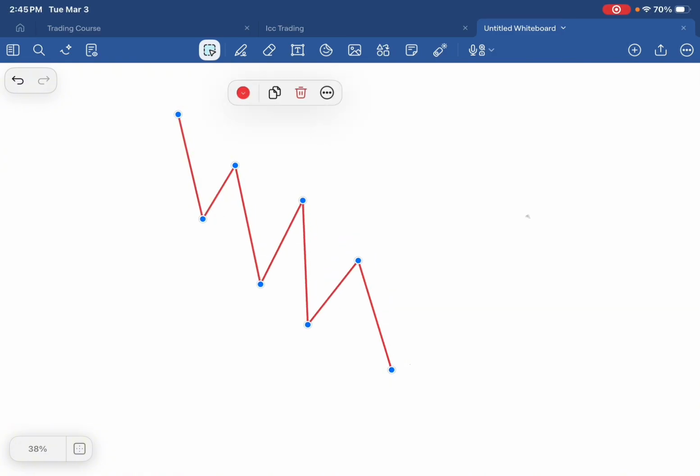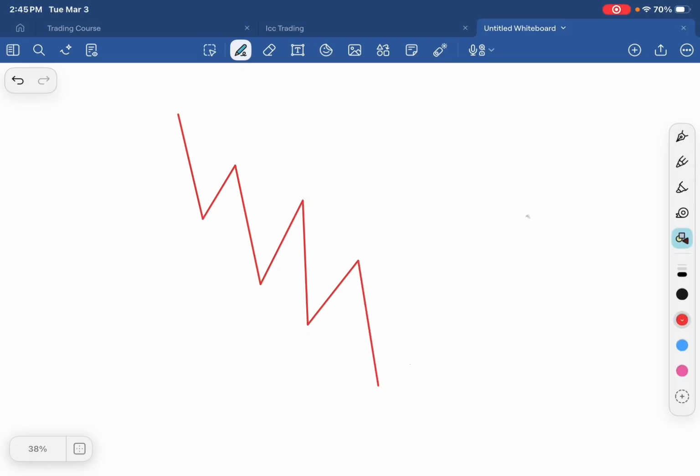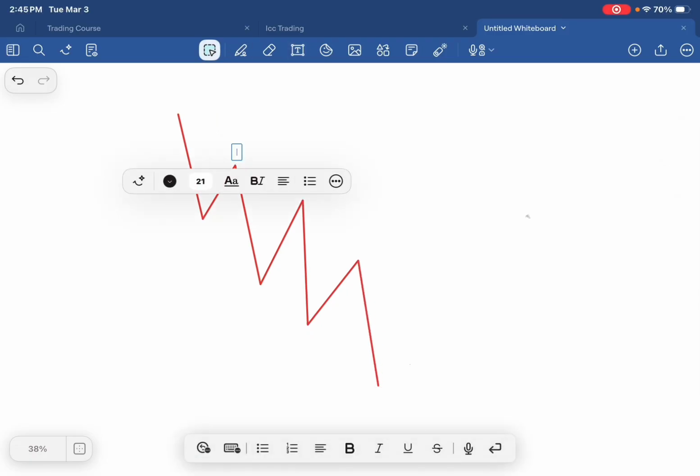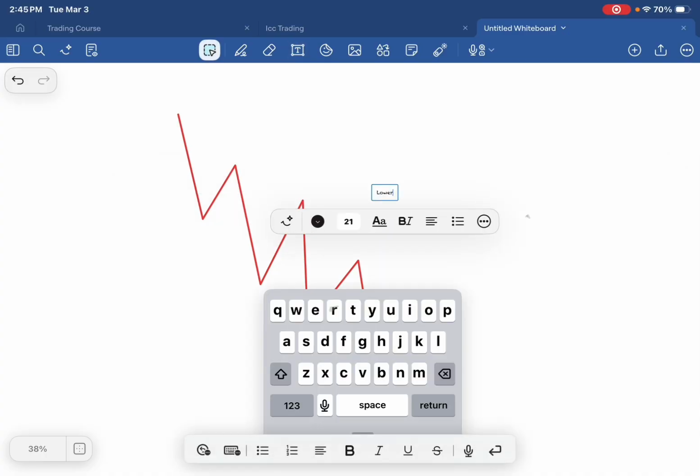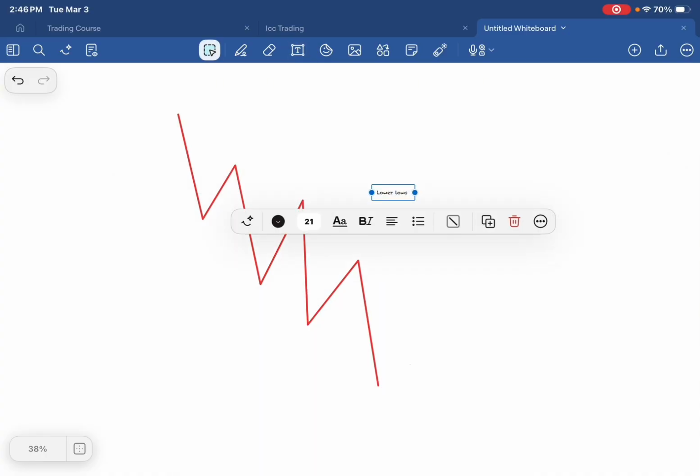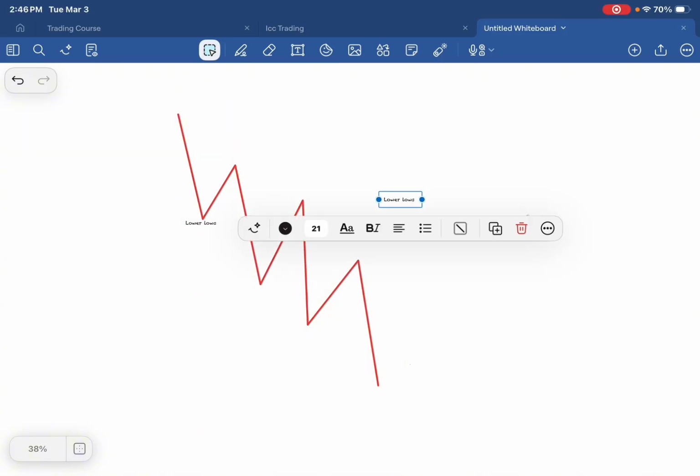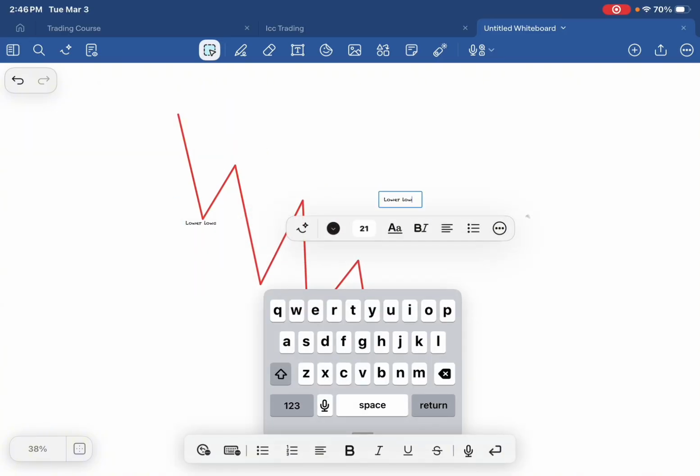First, we are going to mark up a chart. We're going to talk about the lower lows and the lower highs. So first thing, let us draw up our lower lows and lower highs.